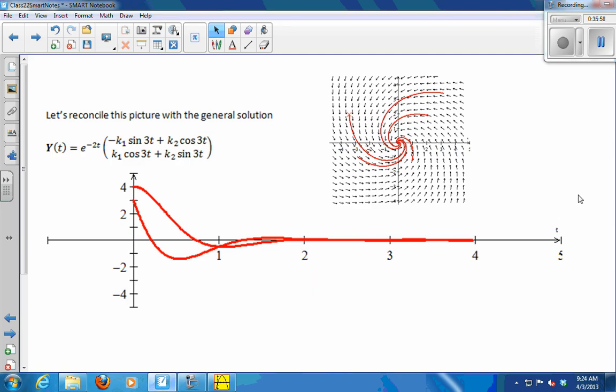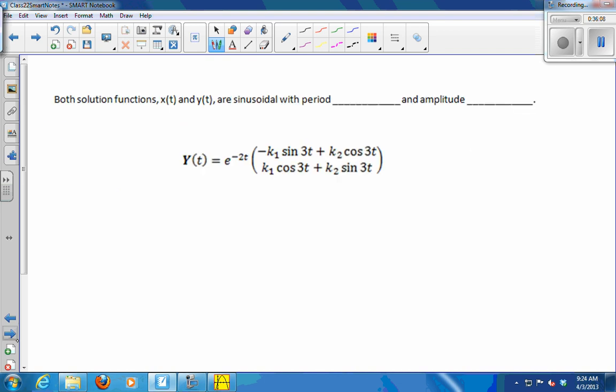Okay, so when we look at my solution, this is my general solution that I found a couple minutes ago. It is sinusoidal, right? Each of my two functions, x of t and y of t, are sinusoidal because they are made up of a sum of sines and cosines.